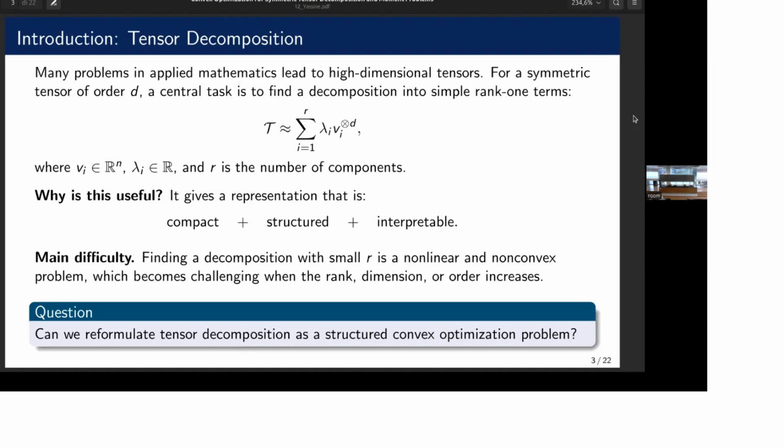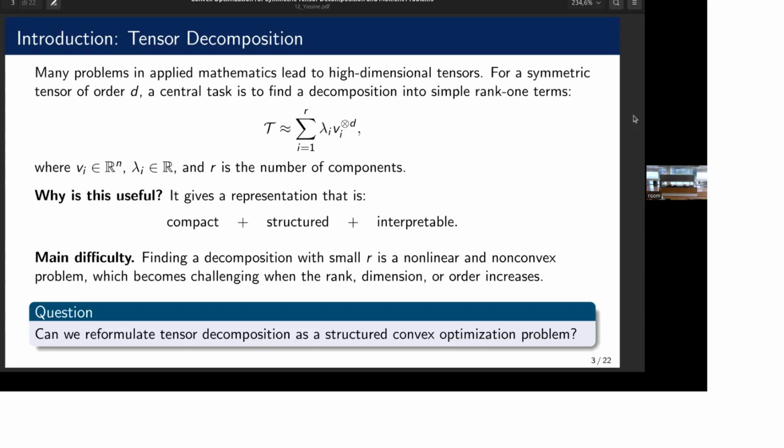This is useful because this representation is compact and structured. However, finding such a decomposition is highly difficult because it's a nonlinear and non-convex problem.